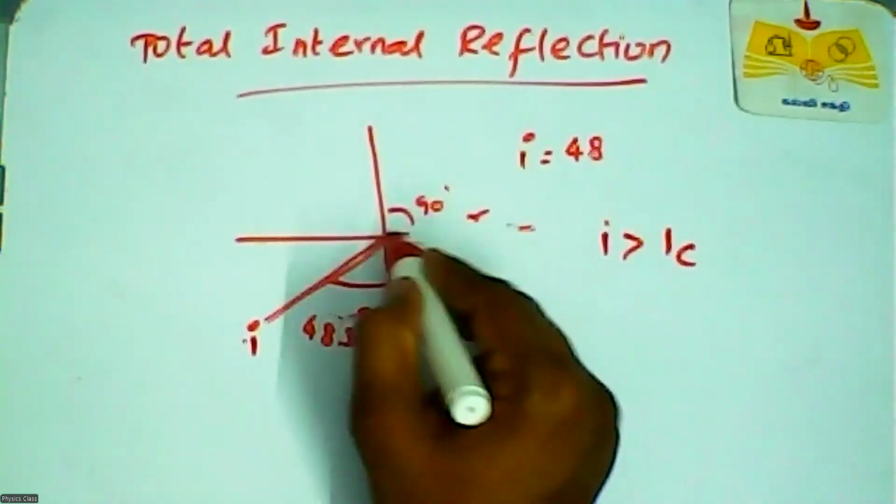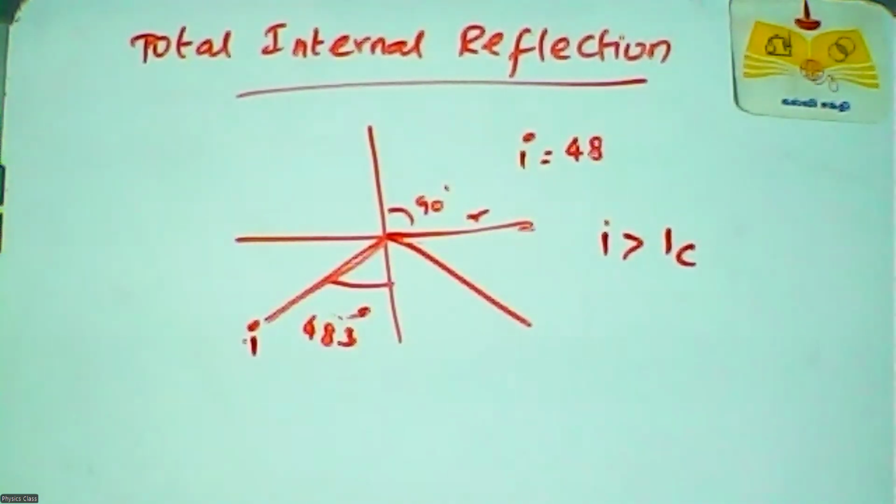So there will be no refraction. This phenomenon is called total internal reflection. An optical fiber works on this principle of total internal reflection.